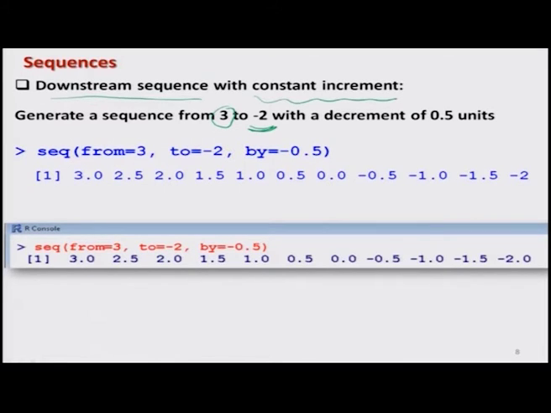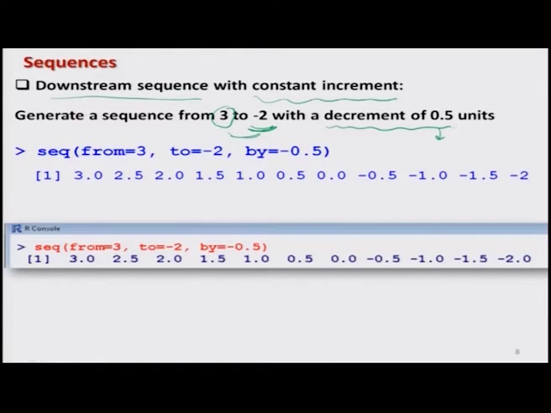That is a decreasing sequence, and there is going to be a decrement of 0.5 units. So there are two things which I would like to show you here through this example. Number one, these values from and to can be negative integers also, and this increment need not always be in an integer form, it can be a fraction also.